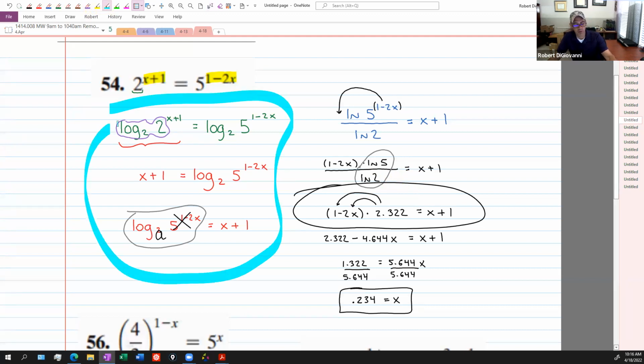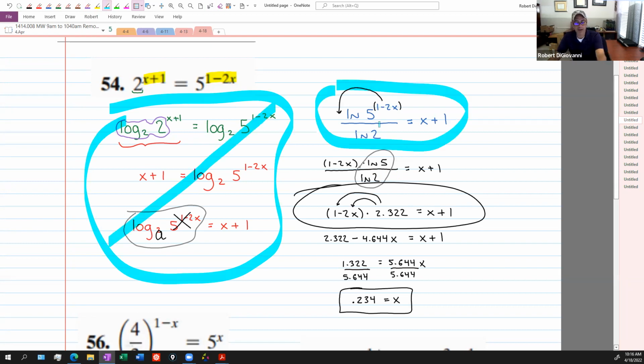We didn't have to do all this and that. So going back and looking at this in hindsight, we say, okay, the x we're trying to solve for is on both sides, up as a power. So what I'd like to do is just take natural log on both sides. Then that'll allow me to pull my powers out, and then I can deal with the natural logs on my calculator.